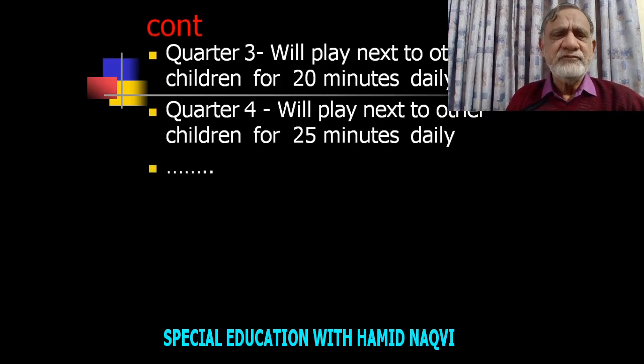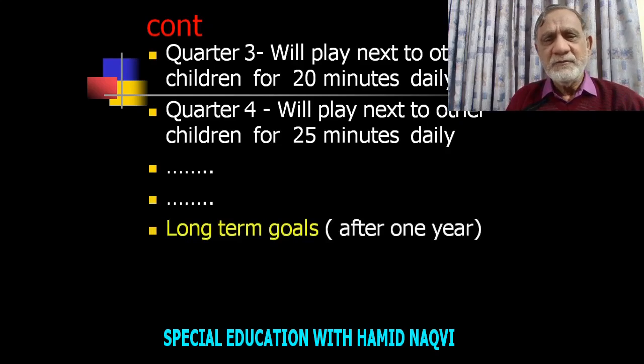It can be quarter 5 also, 6 also, depending on how long a plan you have got. And then long-term goals, say you have fixed it at 1 year. The IEP team thinks that the boy is capable enough of doing it within 1 year. So you have distributed his task in 4 quarters and precisely given that after the end of each quarter, what do you expect?